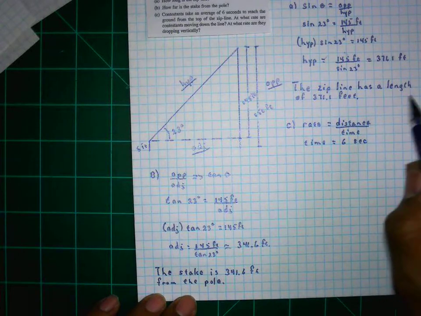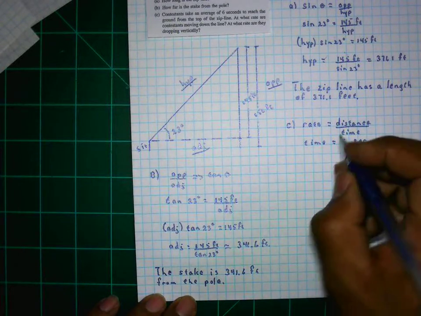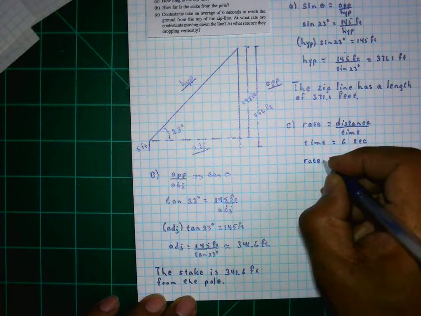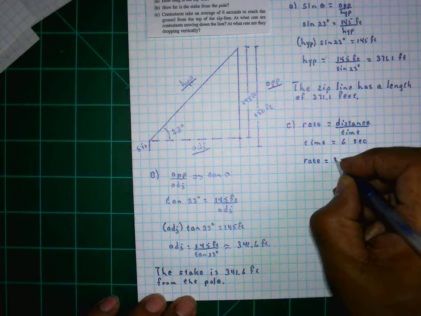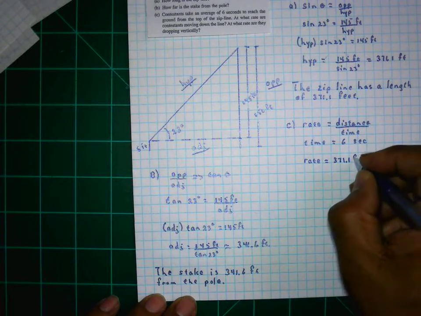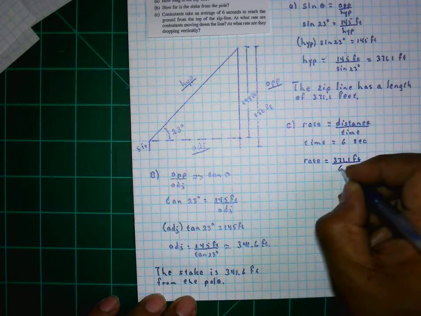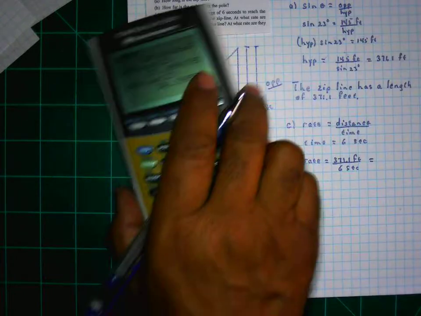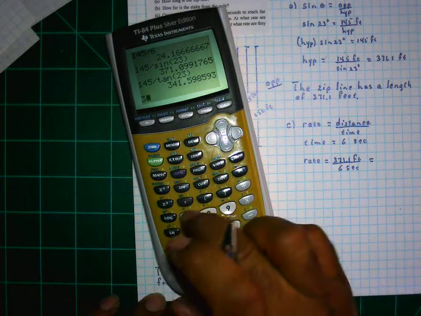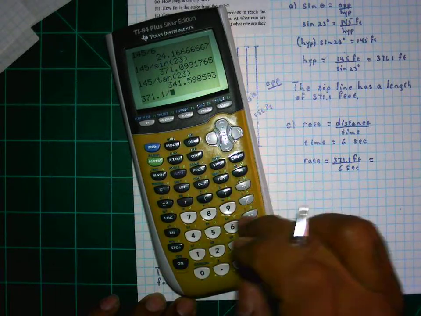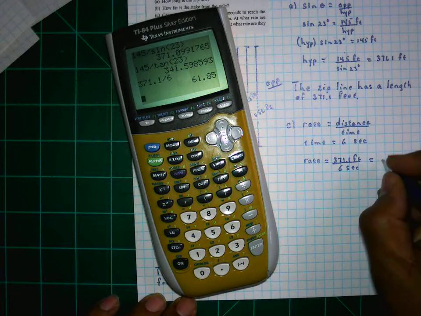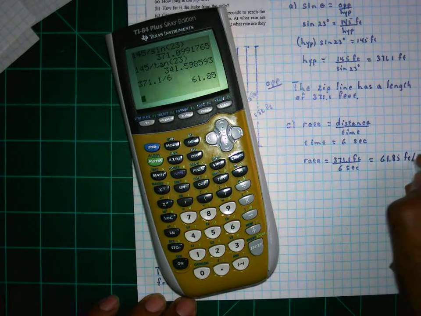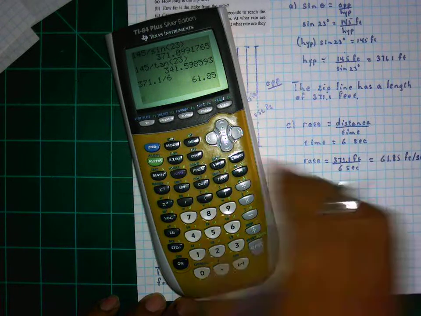So I'm going to go back to part A. The zip line has a length of 371 feet. So the rate is that distance, 371.1 feet, divided by the time, 6 seconds. So this turns out to be 371.1 divided by 6, 61.85 feet per second.